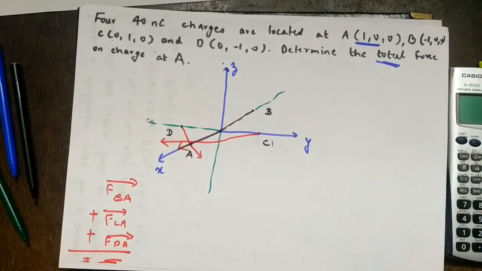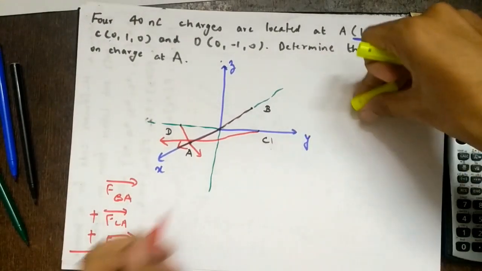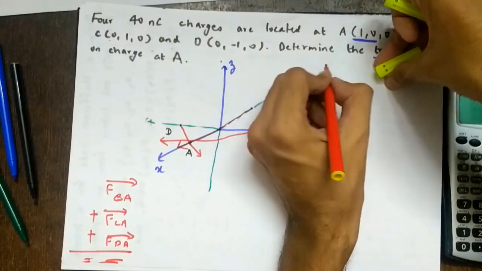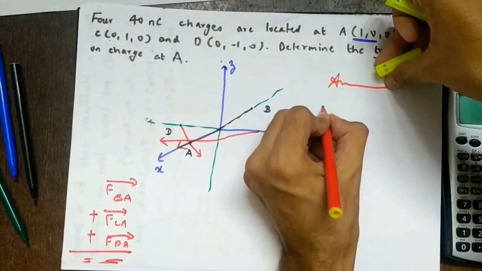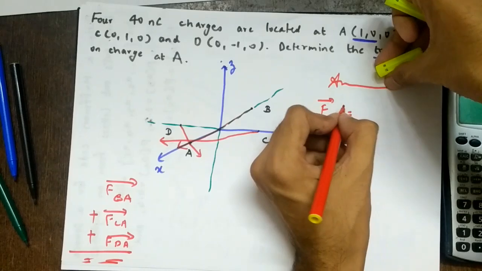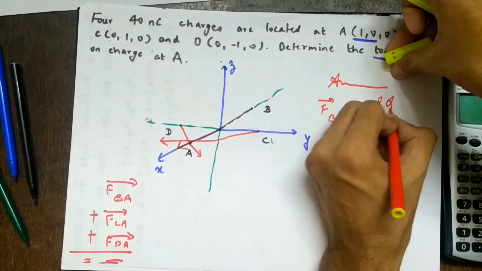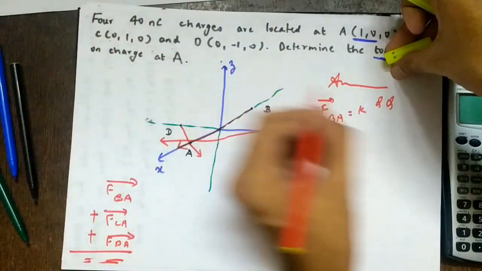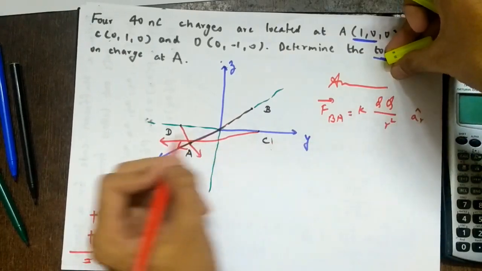This is the concept. Okay, so let's start with FBA vector first. So again we will write how in the exam you have to write. You have to draw this coordinate system, then applying Coulomb's law, FBA vector equal to K Q into Q, because all the charges have the same value, upon R square AR cap.